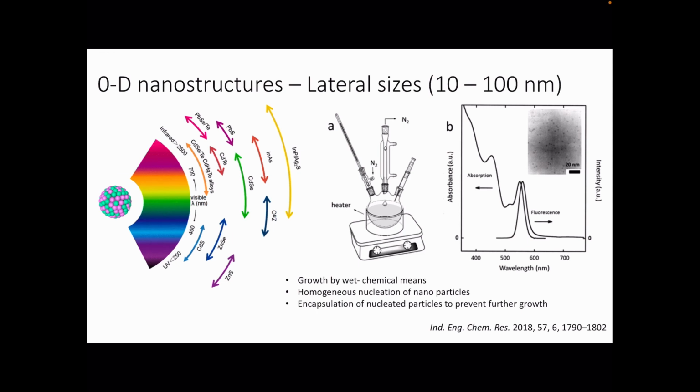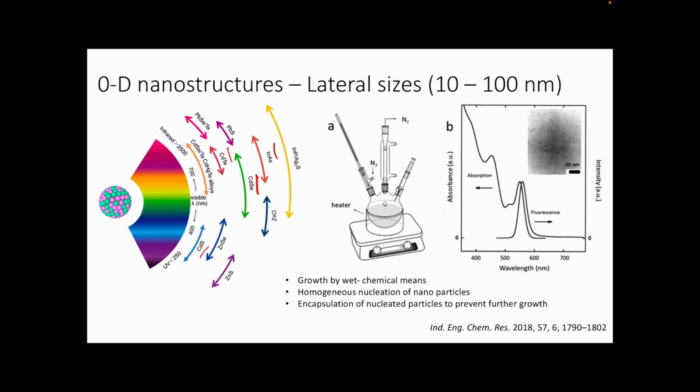The last nanostructure that we will see is the 0D nanostructures, which is also called quantum dots. They have applications in optoelectronics, the most famous ones being cadmium selenide, cadmium sulfide, indium arsenide, cadmium telluride, and such. They are much easier to grow than the 2D structures and 1D structures that we saw previously.